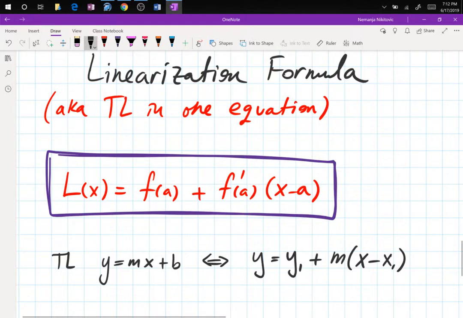Your y1 is the function computed at a, which is the function computed at x1. So x1 is a, and the y is L of x, and then you're computing the slope through the derivative. So it's a one-liner formula for the tangent line, if you want to learn the formula. If you know the process for the tangent line, you know the formula.